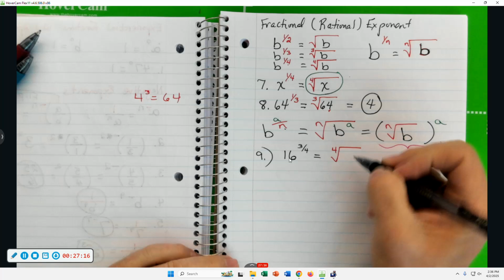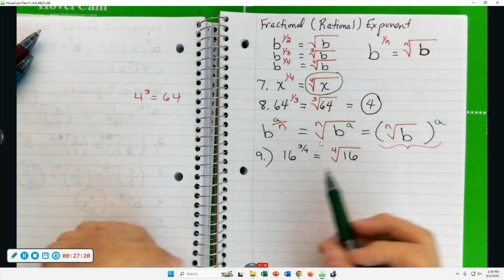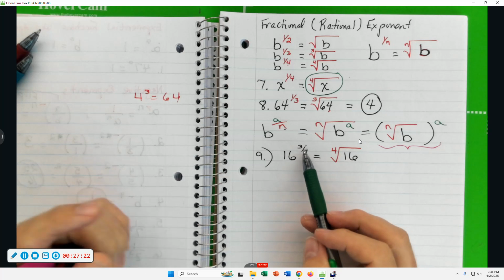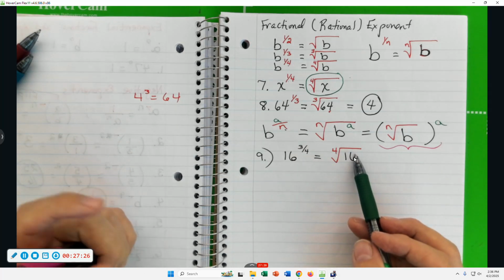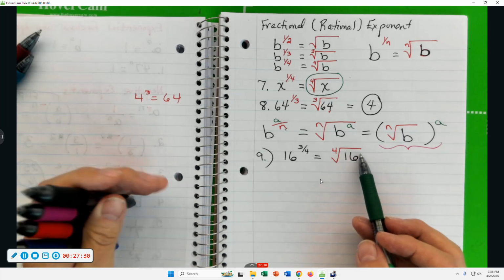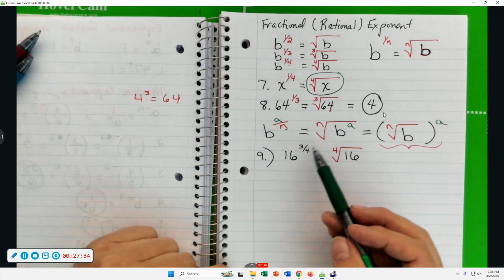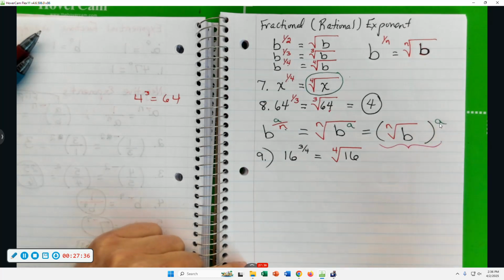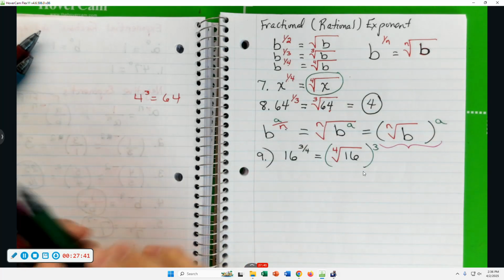The base becomes the radicand. And then realize if you took that 3 and you stuck it underneath the radical, 16 cubed, 16 times 16 times 16, that number's getting mighty big. That's why I said I prefer to put that numerator power on the outside. Put the 3 on the outside.